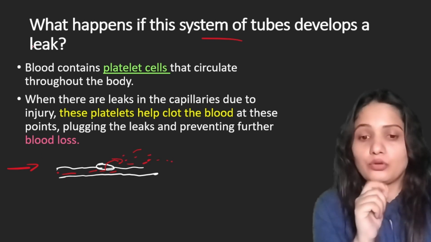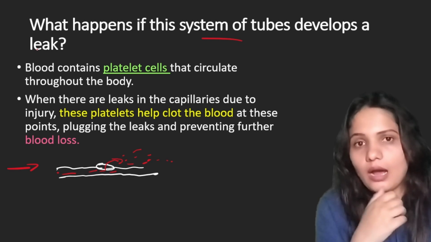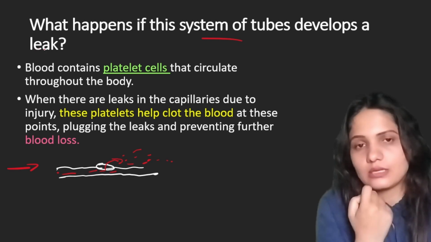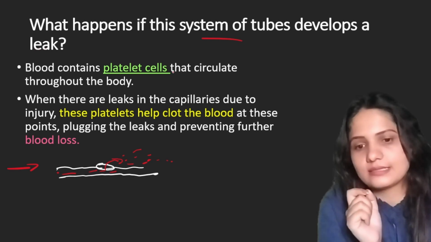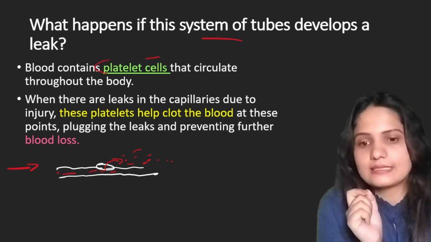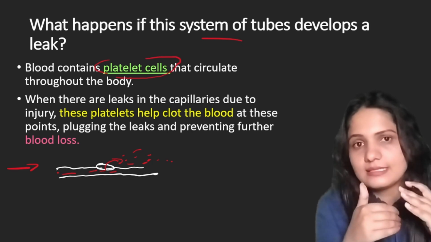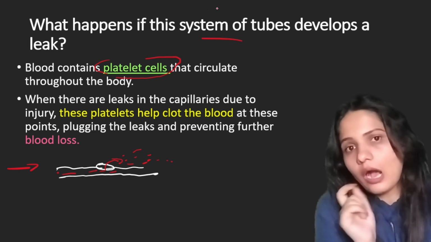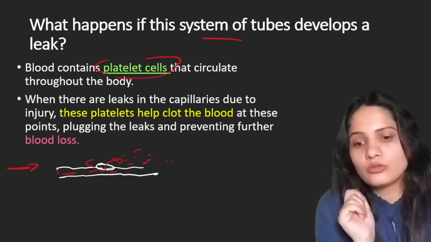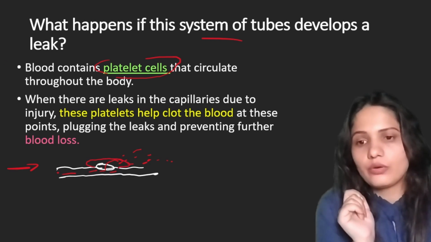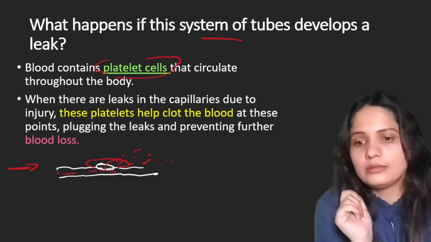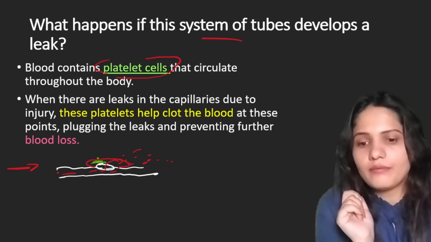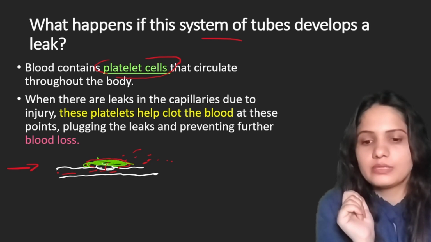To stop this leakage of blood, our body has a certain type of cells, and those cells are platelets. These platelet cells circulate throughout the body, and they prevent the loss of blood on leakage. How do they do it? They cover this hole, they cover this leakage, so that no more blood will be lost.